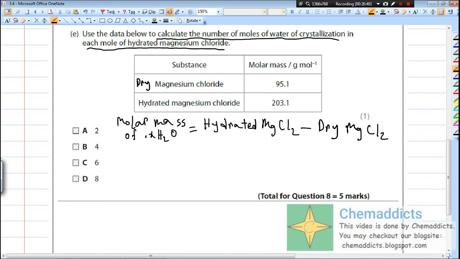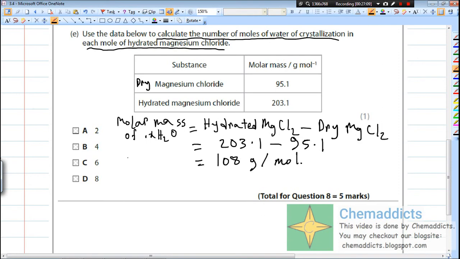So if we subtract this with this, we're going to get the molar mass of water of crystallization. So the molar mass of water of crystallization is 108 gram per mole.